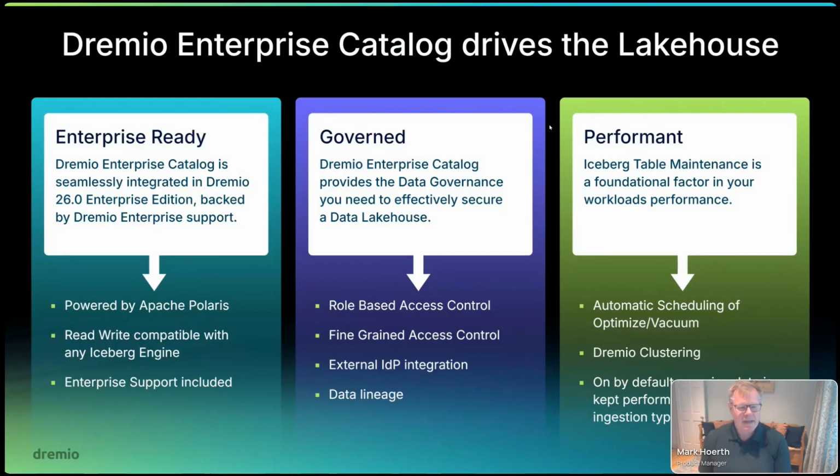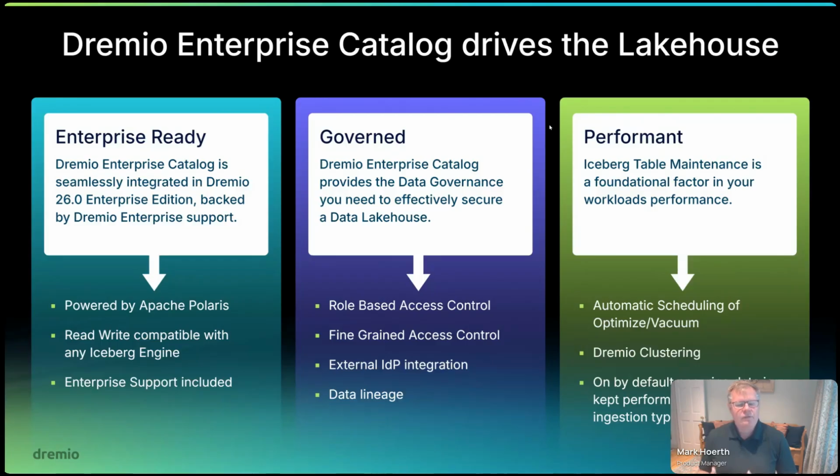And what I mean by that is that it's fully integrated into a Dremio release, and I'll show you in a few minutes exactly how that looks on the screen of the Dremio product. It's fully integrated into version 26, and it's backed by Dremio Enterprise support. This is so important because it means that you have our entire team at your disposal whenever an issue arises or you have a question about how to use the product.